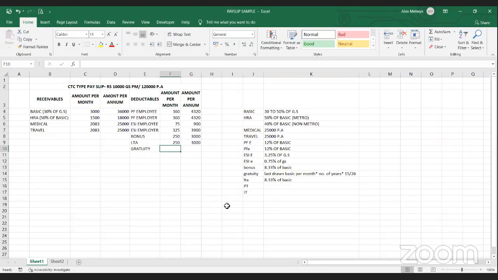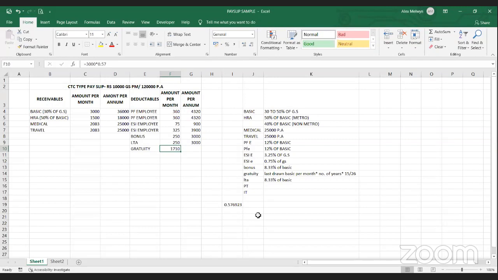So how can we do that? First let us put a very simple maths where it is just 0.57, right? So what you can do is equal to 3,000 into that. This will be the gratuity money which is calculated per annum, so please ensure that you're using it as per annum because it is not per month.